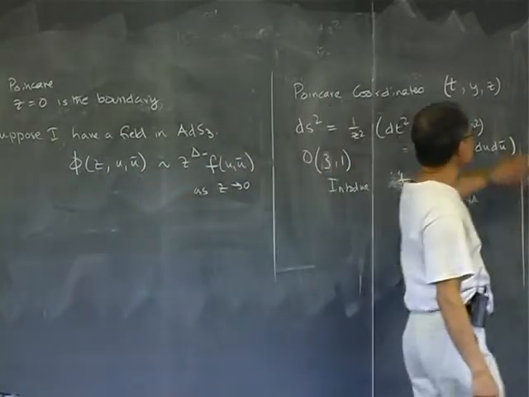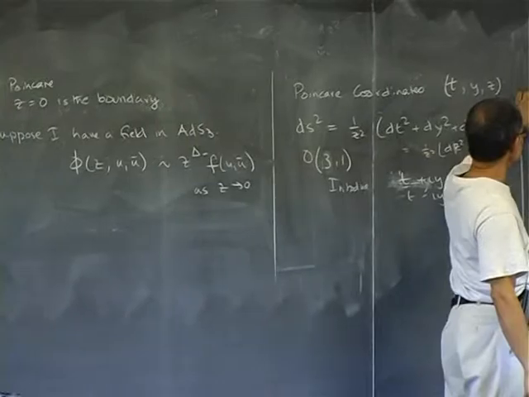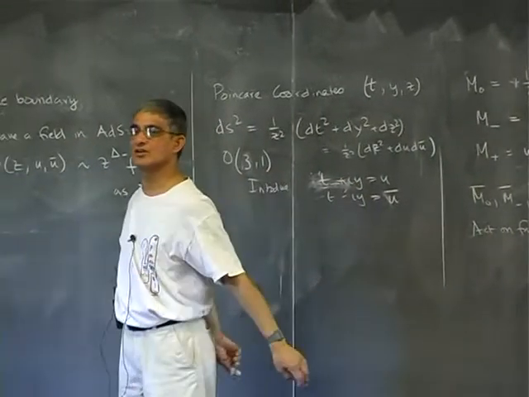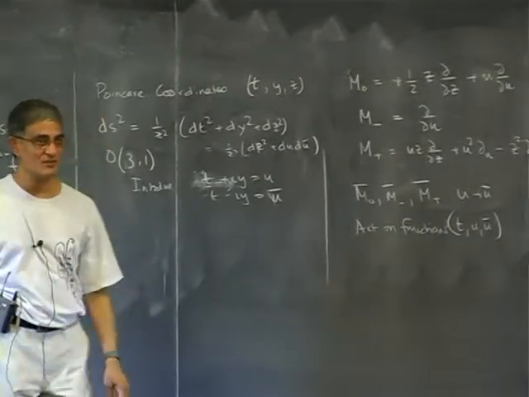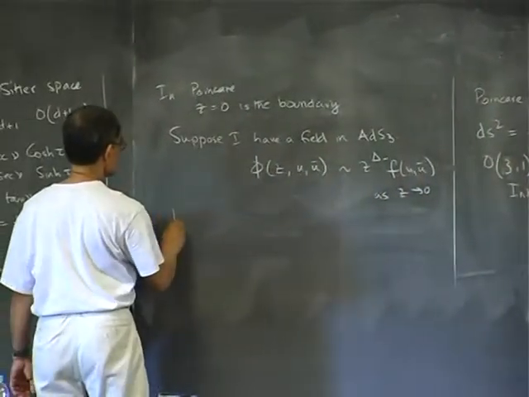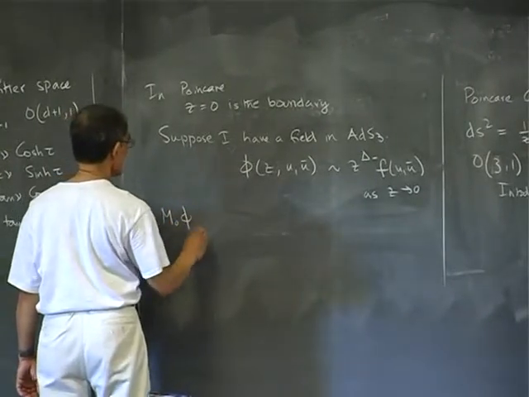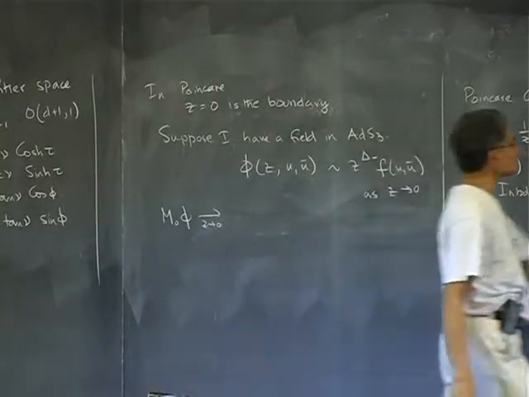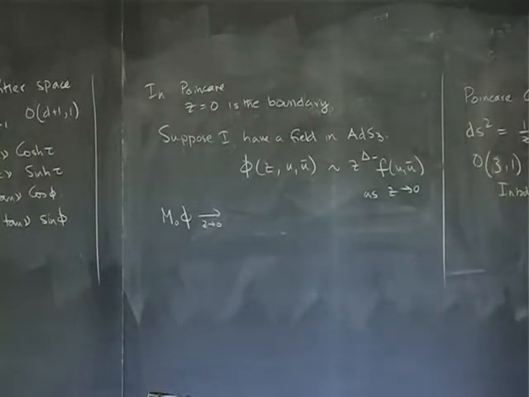Let's plug this back and see how these generators act on this field near z equal to 0. Now see what happens. Let's look at M0. M0 of phi near z equal to 0, there is a term which is half z del del z.